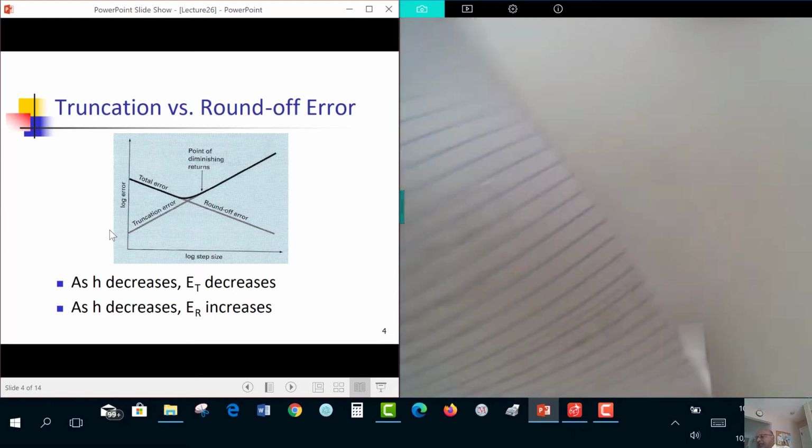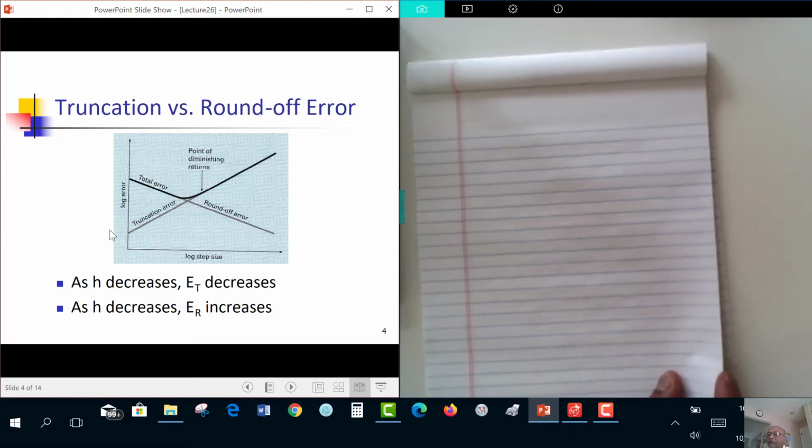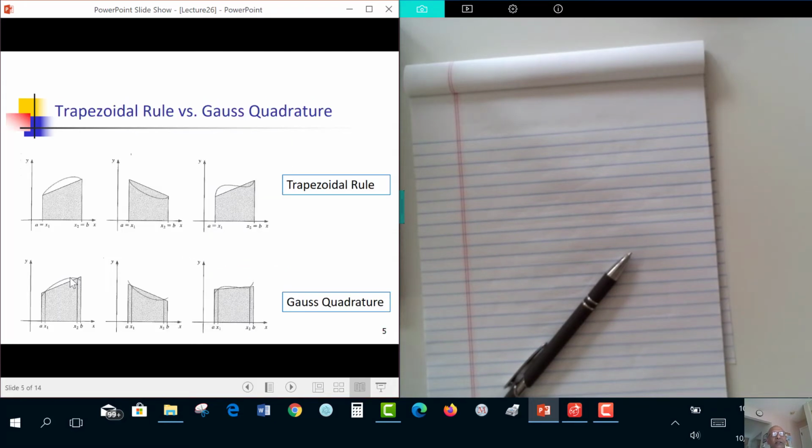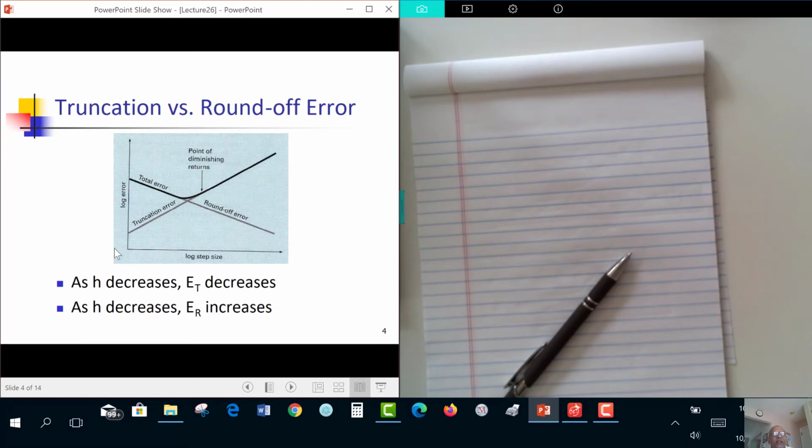As we see in this graph, as h decreases, you can see truncation error decreases.